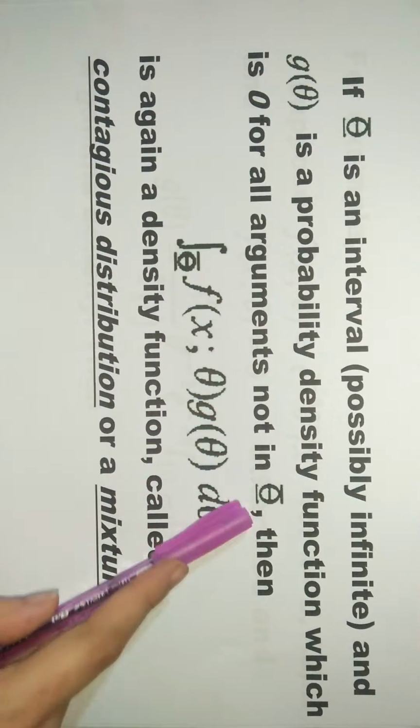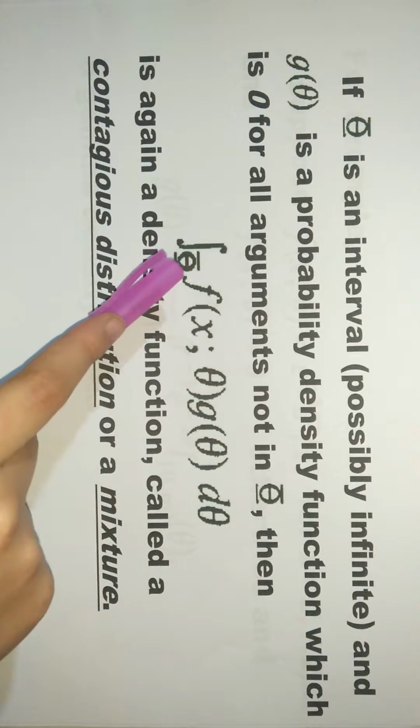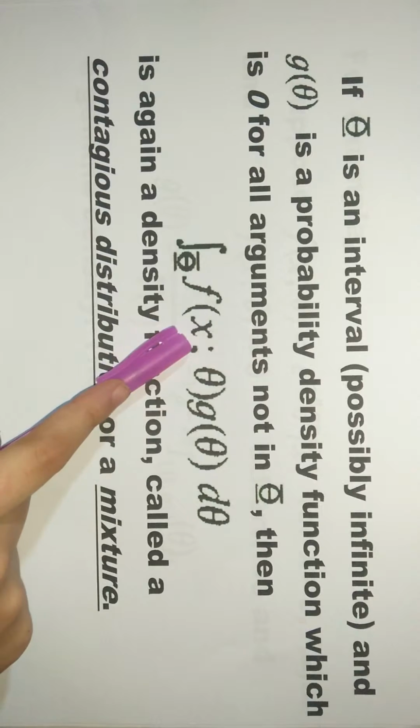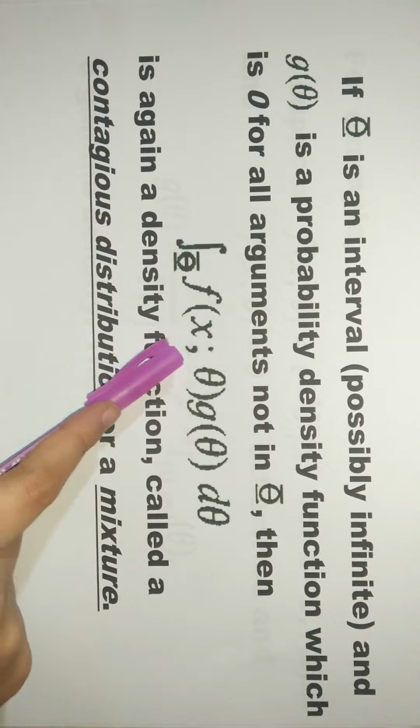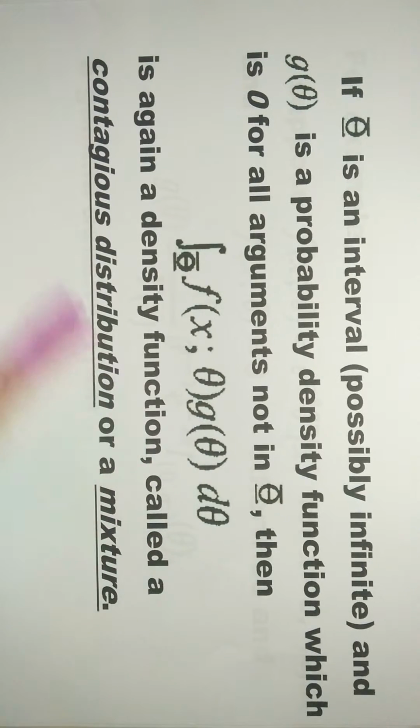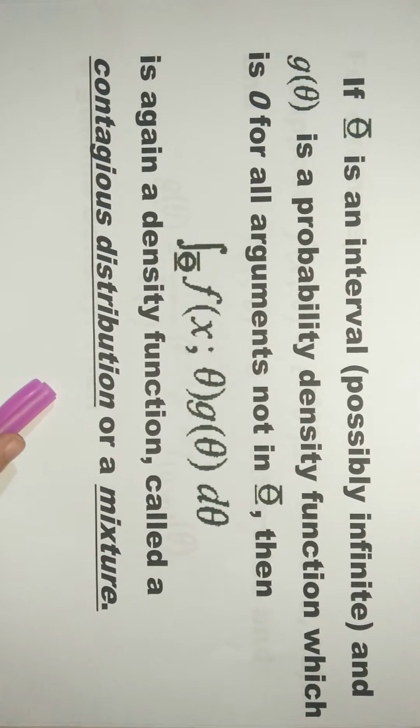If big Theta is an interval, possibly infinite, and g of theta is a probability density function which is 0 for all arguments not in big Theta, then the integral of f of x parameterized by theta times g of theta d theta is again a density function called a contagious distribution or a mixture.